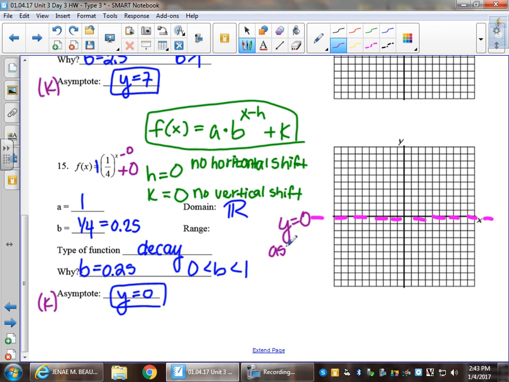That's my asymptote. And this is decay. So left to right, it is approaching the asymptote. It's decreasing left to right, but will never cross. So my range is 0 to infinity, and we are all set.